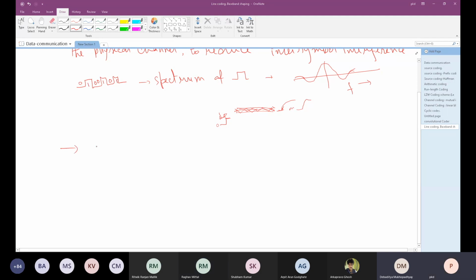So in effect, this is dispersion, and this is, suppose, the band limit. A typical channel will have a band limit.